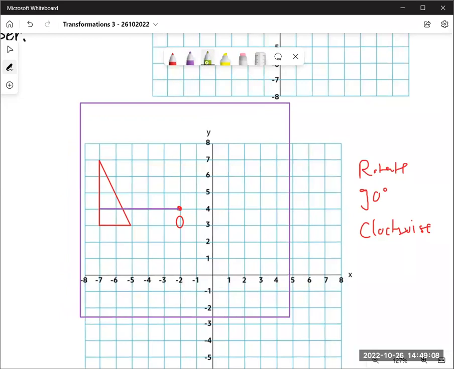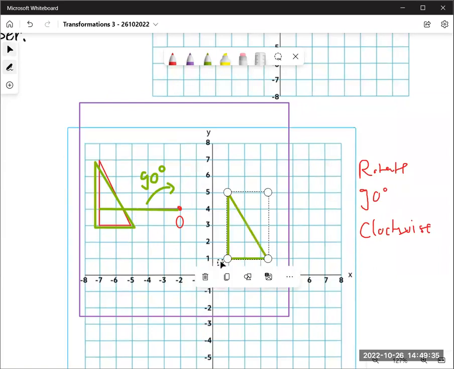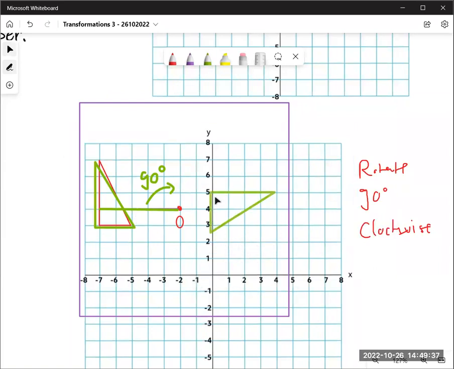I'll make my shape right here, and I'll make this line as well. Then I'll rotate the axis, which will be 90 degrees. Because of that rotation, if I rotate the whole paper like this, the shape will go with it. And all you have to do is make that shape right there.